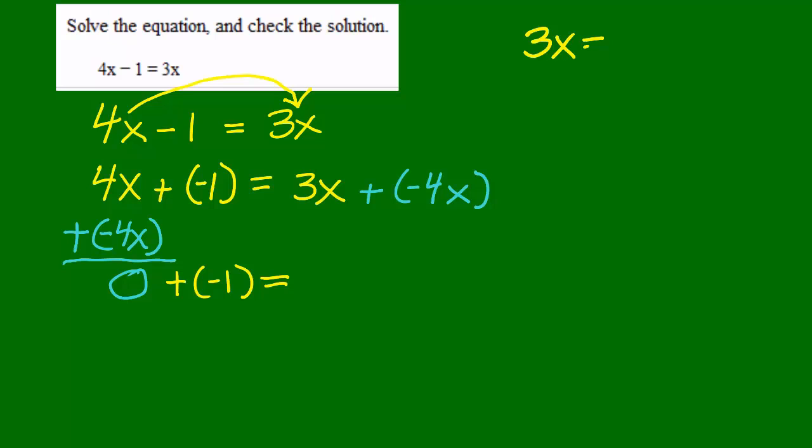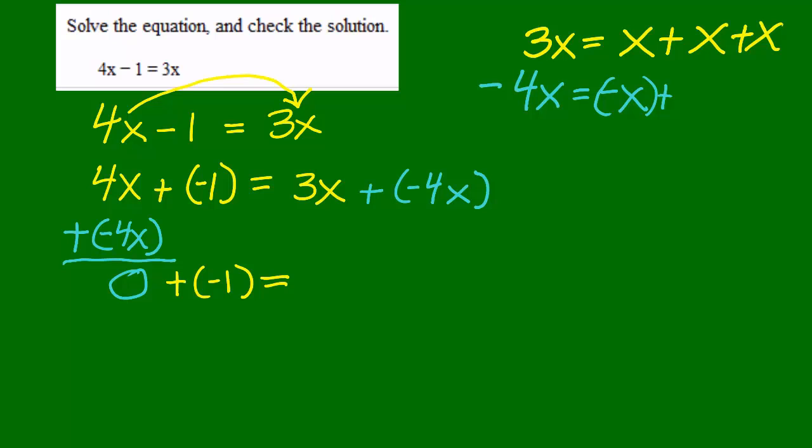3x is x plus x plus x. Negative 4x is negative x plus negative x plus negative x plus negative x. Oops, I ran out of room.